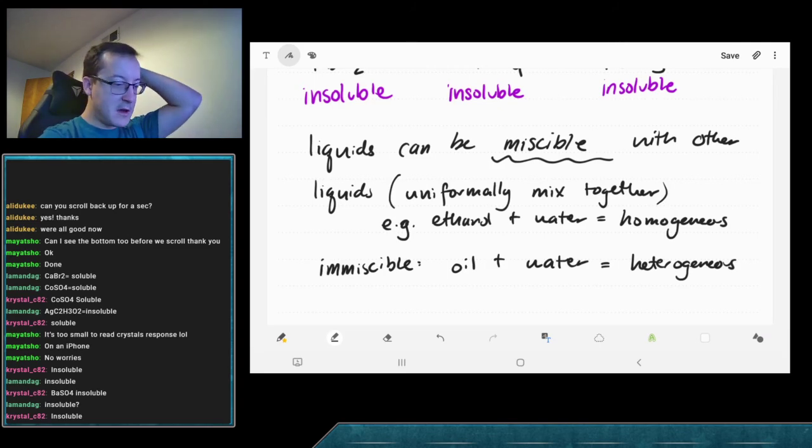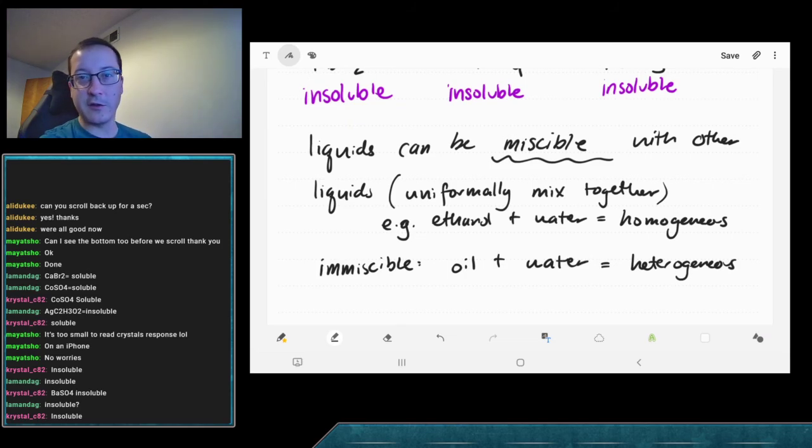So for solids, we say they're soluble. For liquids, we would say they're miscible if they mix together. And typically liquids that are miscible will be soluble, no matter what proportion you have of each one. They're always going to dissolve in each other. However, oil and water, because they're immiscible, even one drop of oil is not going to dissolve in the water, right?